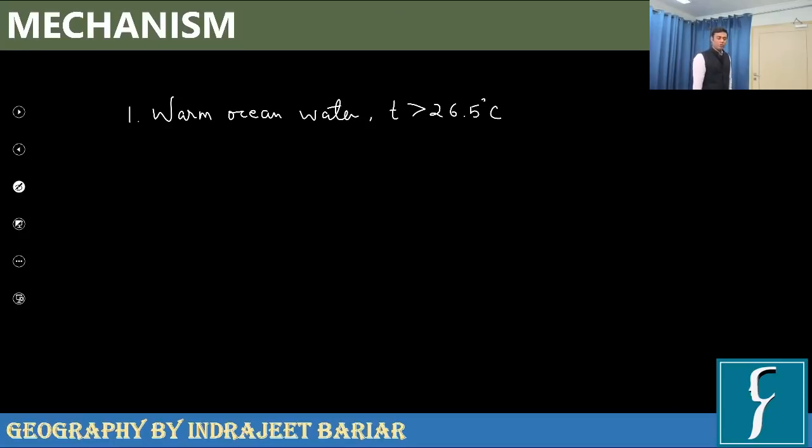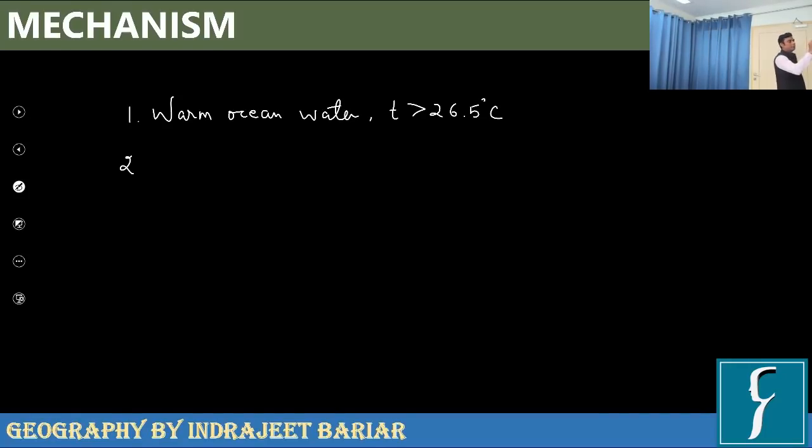In general, in books you'll find it rounded off to 27, but 26.5 degrees Celsius to be very specific. Because if water is cold, evaporation would not be rapid. We need rapid evaporation so that air takes up a lot of moisture from the ocean.